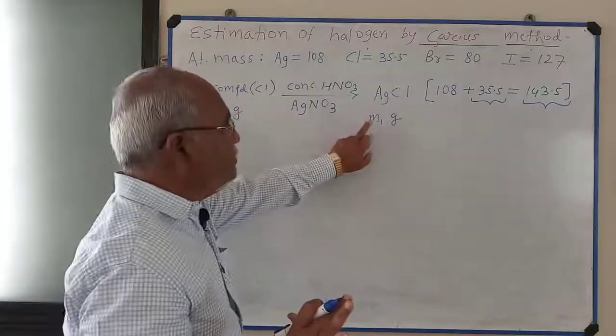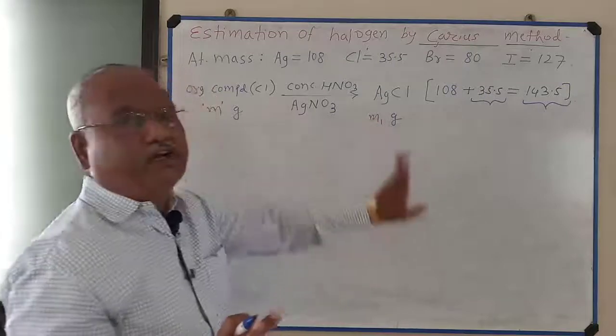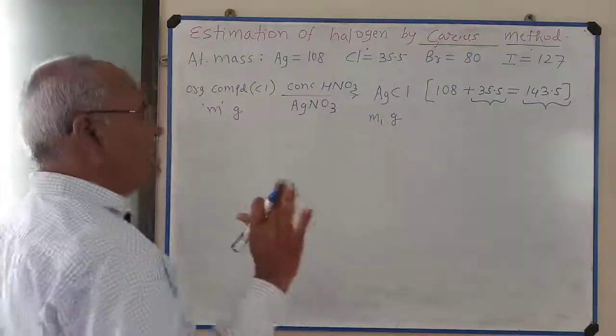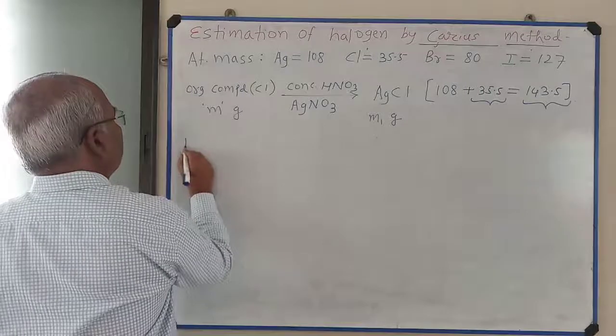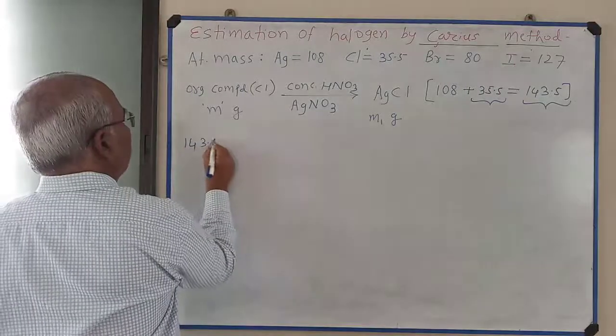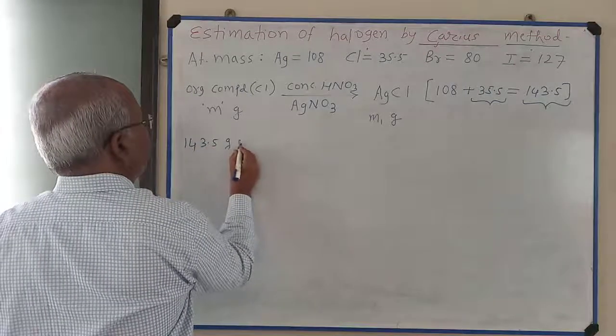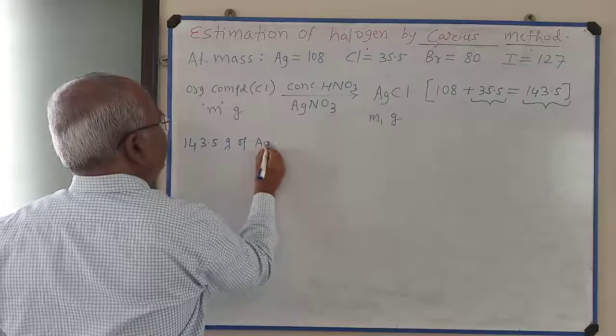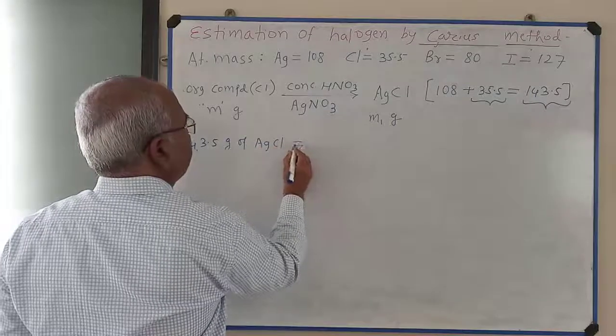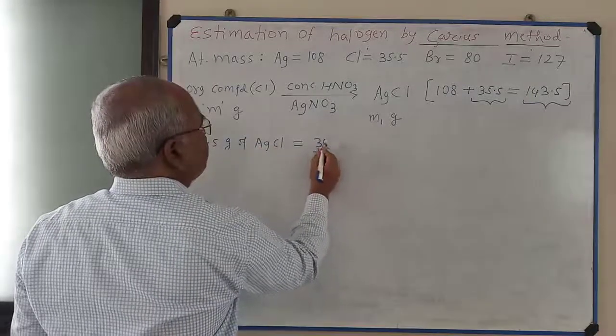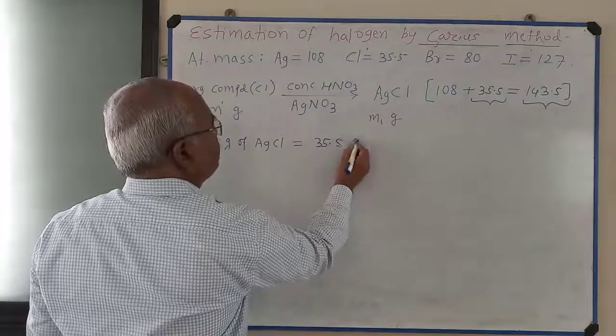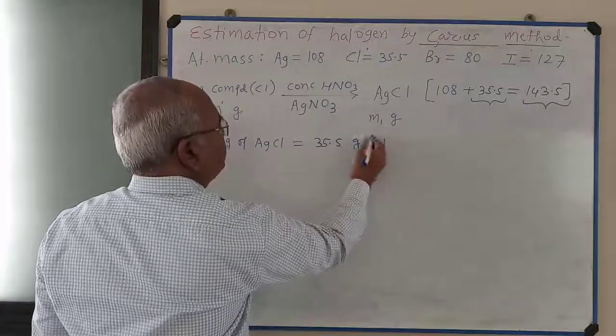Then we can determine for m1 gram of compound. So I write the relation here. 143.5 gram of AgCl is equal to 35.5 gram chlorine.